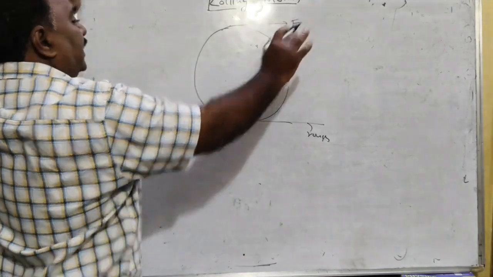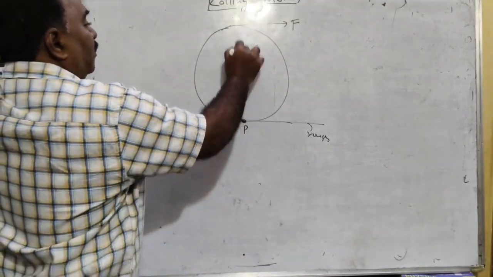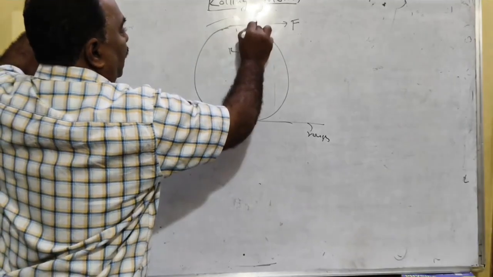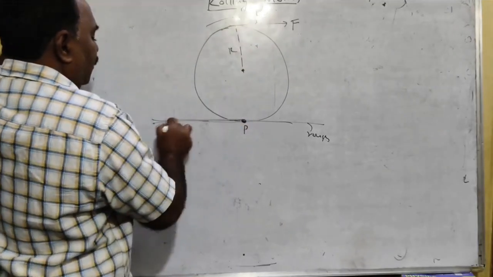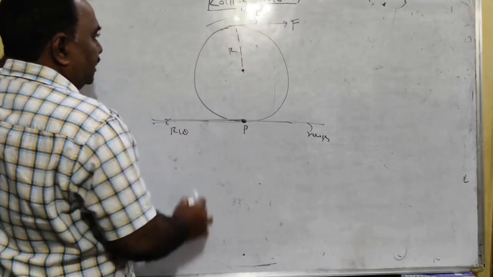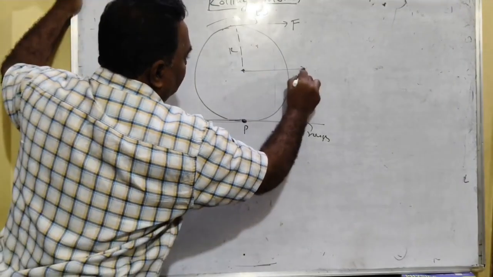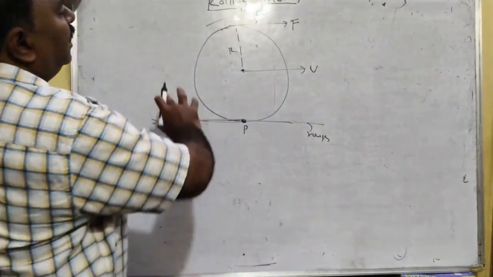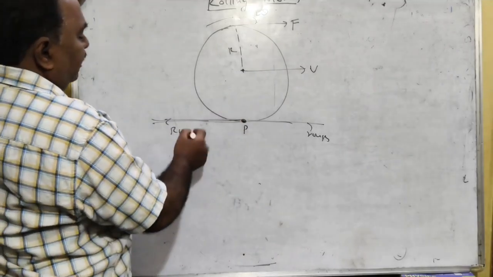As the force acts in the forward direction, because of this torque the body will roll in this direction. Therefore, angular velocity will act in this direction. In addition, let the tangential velocity act in the forward direction. Obviously, the body shifts forward, therefore friction acts backward.